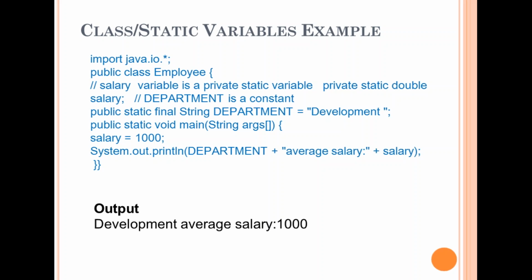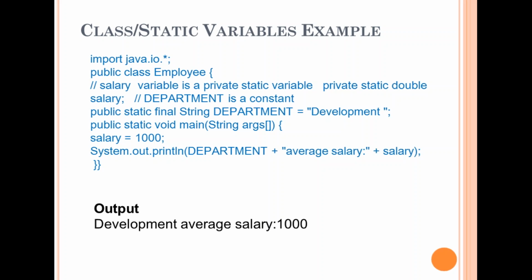Additionally, values can be assigned in special static initializer blocks. Static variables can be accessed by calling with the class name dot variable name. When declaring a class variable as public static final, then variable names, constants, are all in uppercase.